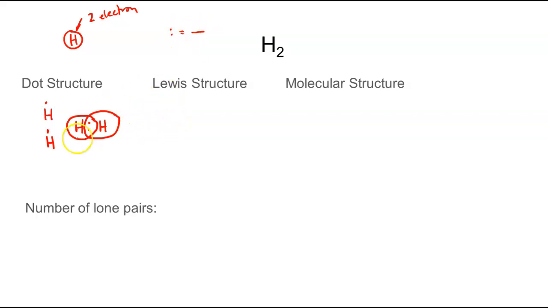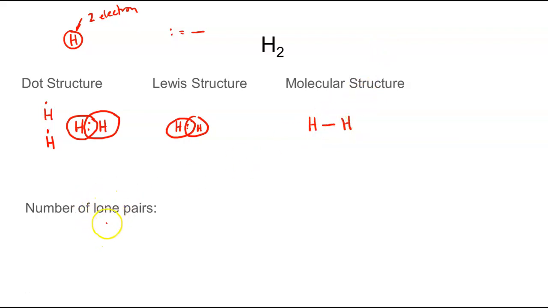So this here is the dot structure. The Lewis structure, I'm going to just redraw it, is that dot diagram with those circles showing how they share that. And the molecular structure is where we take those 2 dots and we create a line instead. So this would be the molecular structure of hydrogen.